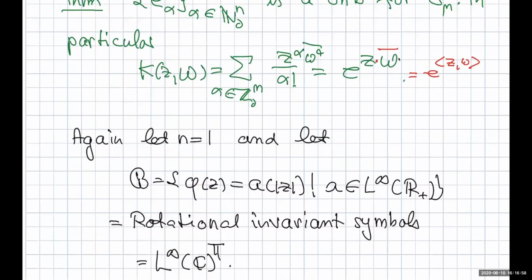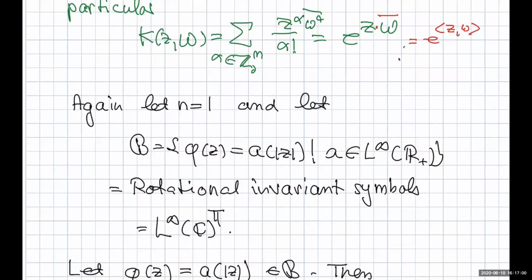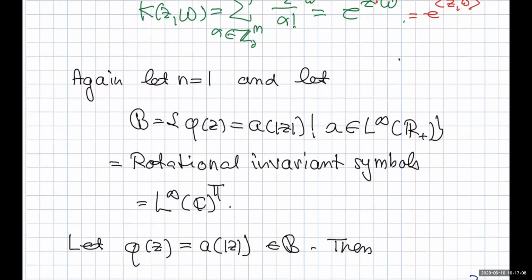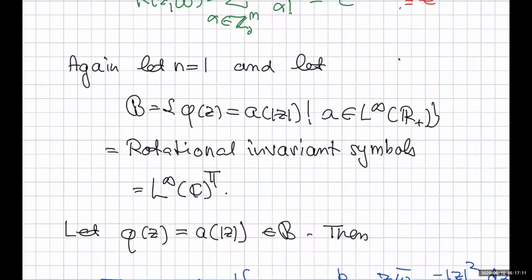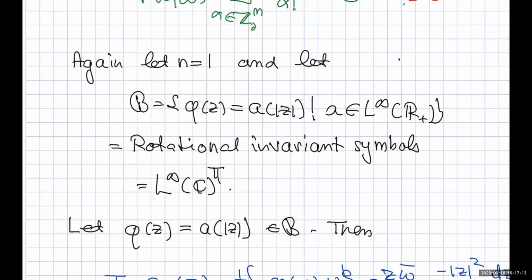Okay, so here is then one of the important examples of Toeplitz operators that Nikolai Vasilevski and his collaborators looked at. Let us just do the one-dimensional case. You look at all the symbols that are rotationally invariant.